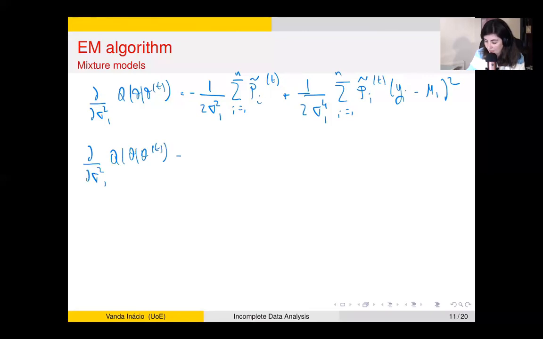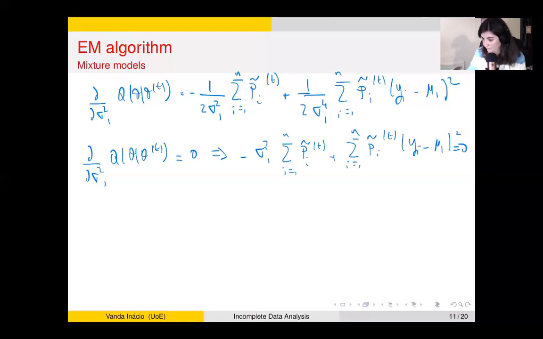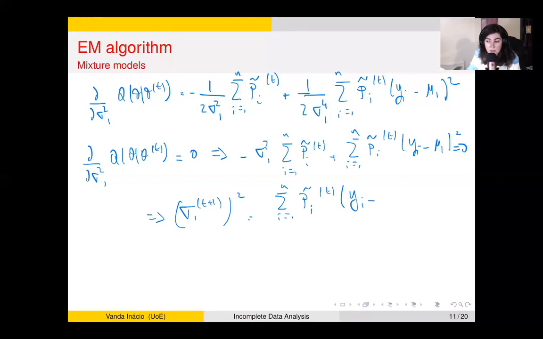Now, when I set the partial derivative equal to 0, this implies that at iteration t plus 1, I have, and now if I'm updating the parameters sequentially, so if I started with p and then mu1, I don't have to follow this order, but it's kind of a natural one.